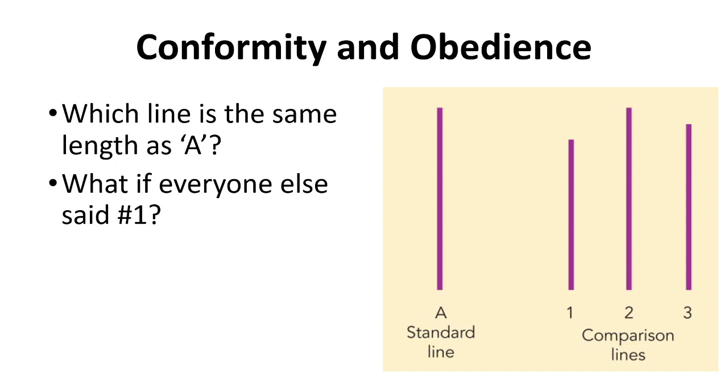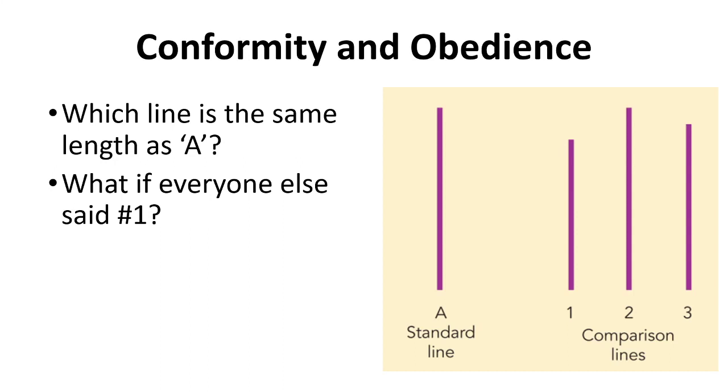But imagine that you're sitting in a room with a bunch of other undergraduate students conducting some kind of psychological research, and maybe you're the 4th or 5th person to go, and everybody before you says line number 1 is the correct line. If one person said it, then maybe you just think, oh, well, one person has made a mistake.